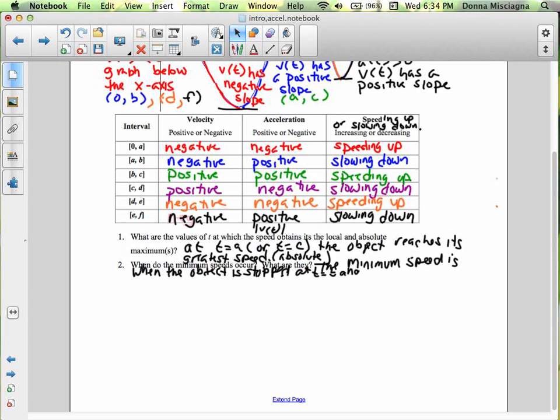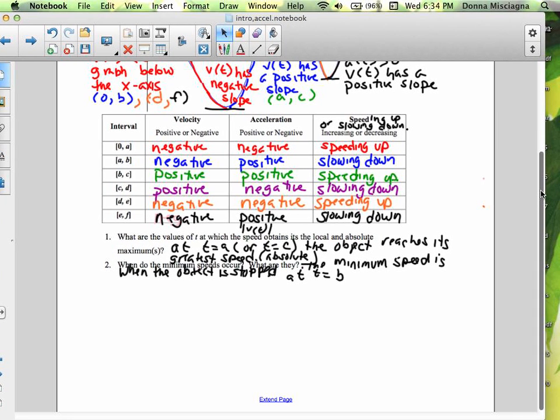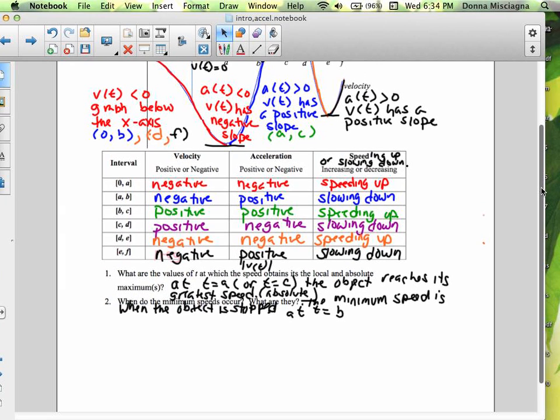So when the object is stopped, at t equals B. I couldn't even write anymore, I was so close to the edge of the board. And now, of course, I don't know what the answers are because I can't see the graph. Let's go back up a little bit.